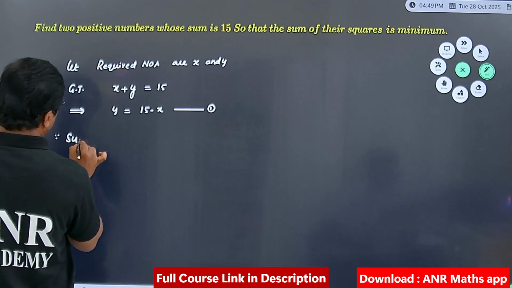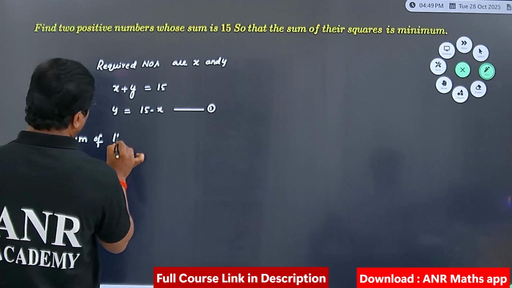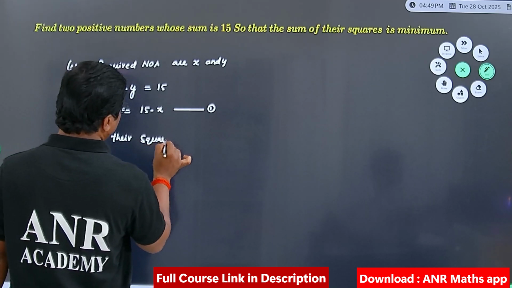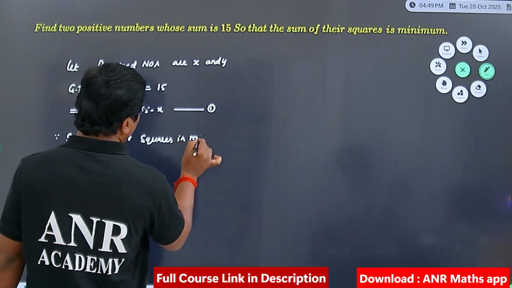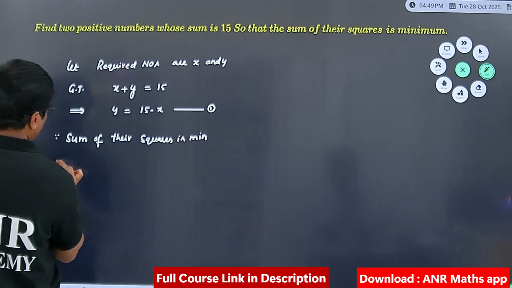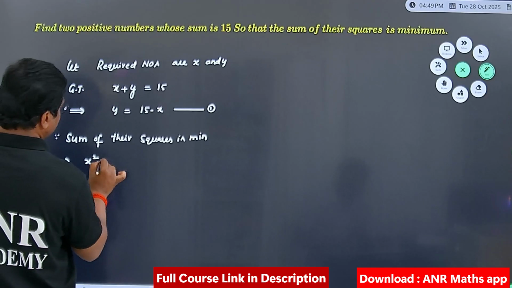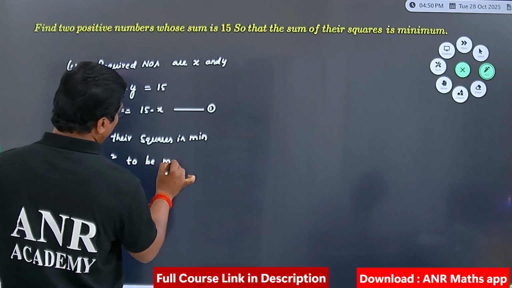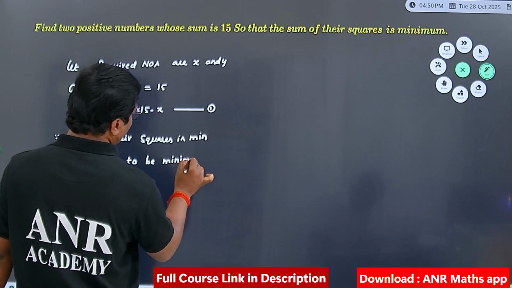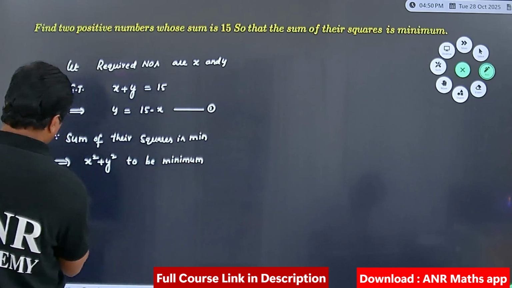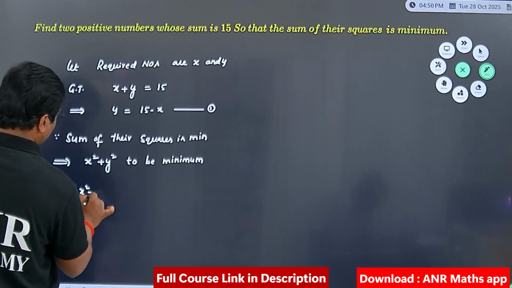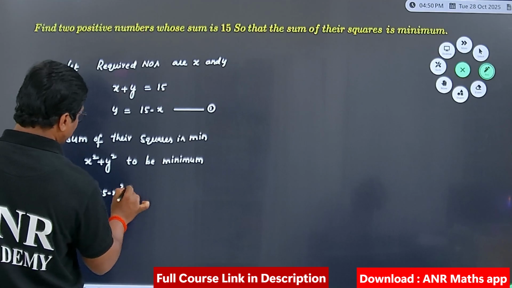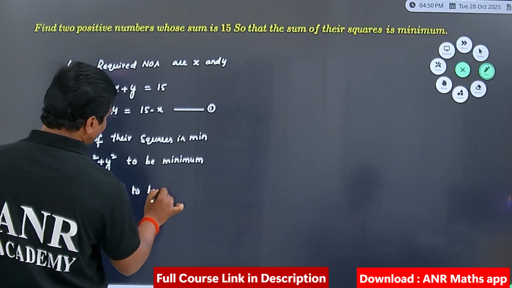Since sum of their squares is minima, implies x square plus y square to be minimum, and also you can write x square plus y value 15 minus x whole square to be minimum.